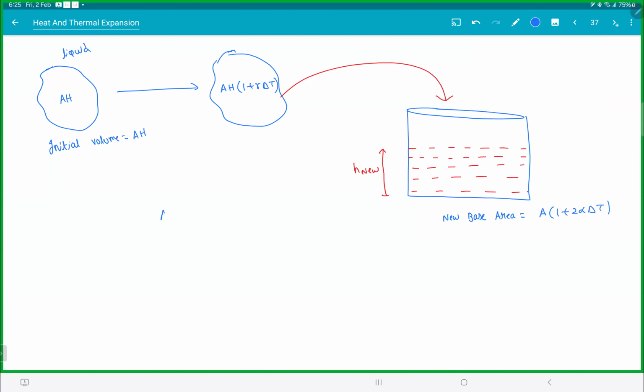So from volume conservation, AH into 1 plus gamma delta T should be equal to the new base area, which is A into 1 plus 2 alpha delta T, into h new. Therefore, the new height of the liquid will be h into 1 plus gamma delta T by 1 plus 2 alpha delta T.